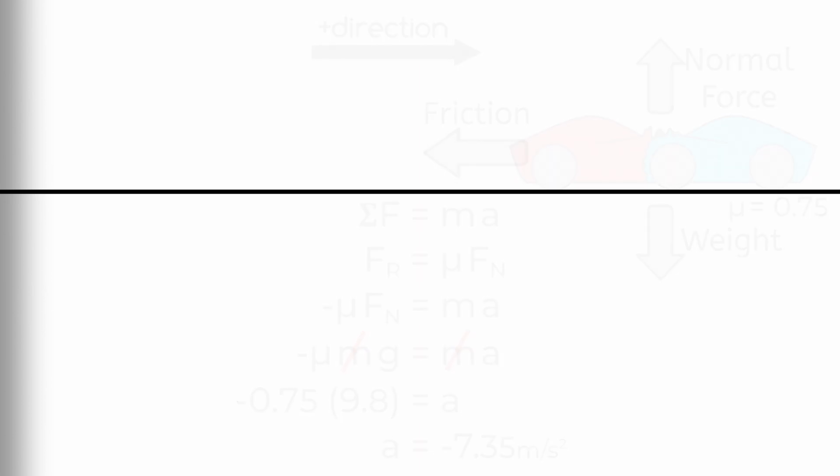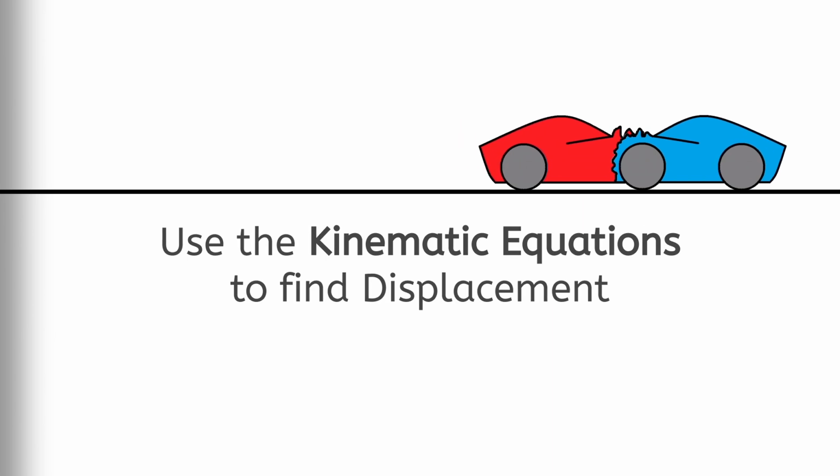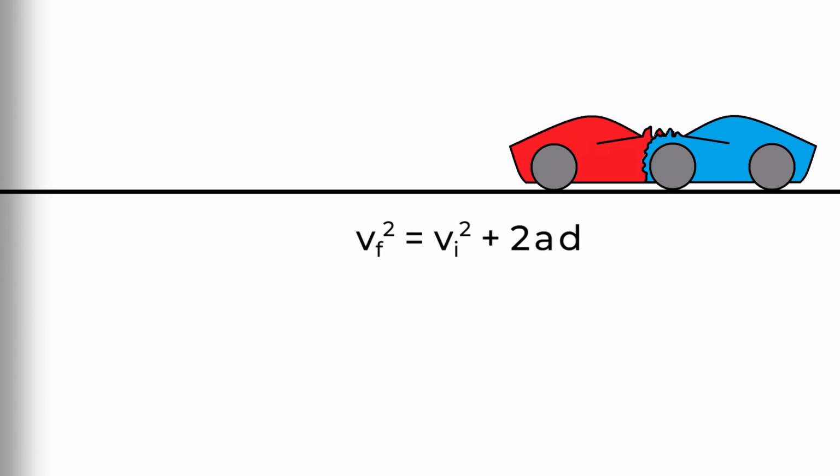So now that we know the acceleration of the two cars while they skid, we can use the kinematic equations to find their displacement down the road. So using the kinematic equation Vf squared equals Vi squared plus 2ad, we know these two cars are going to come to rest, meaning their final velocity is going to be 0. Where I see people get stuck is in the initial velocity of these two cars as they skid.